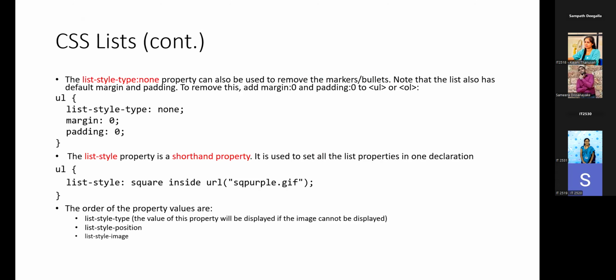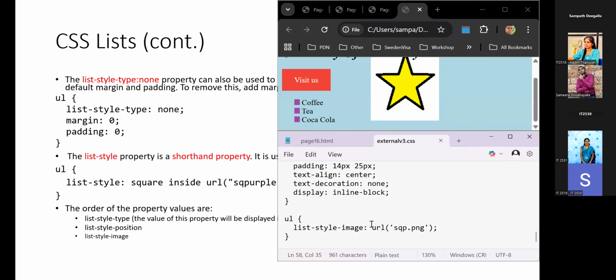Going back here, you can use list-style-type none to remove the bullet markers. Maybe I can show you this. So if I just remove everything, I'll cut this one.